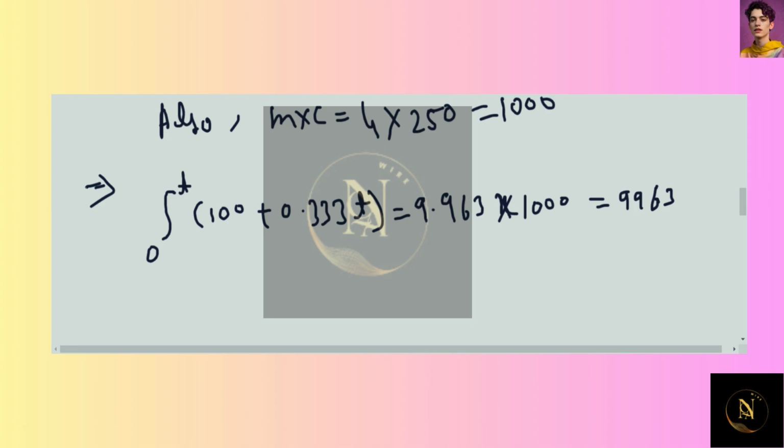Here now we have 100 t plus 0.333 divided by 2 t square equal to 9963.